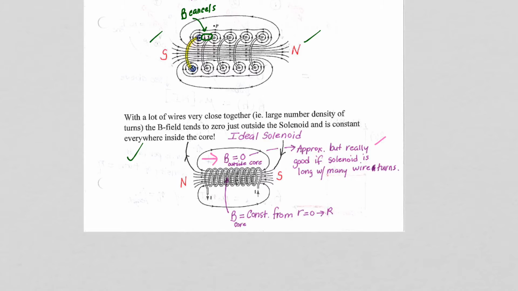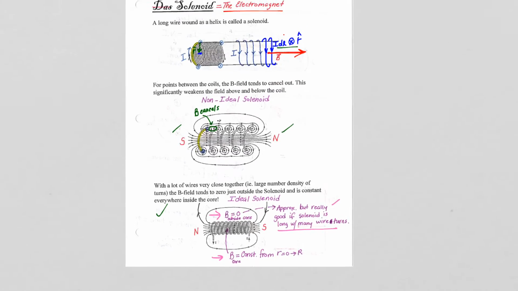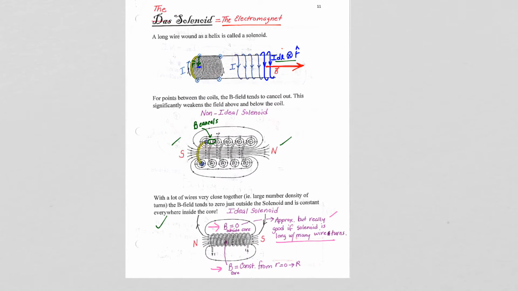While this is an approximation, it is a really good approximation if you have long wires and you're near the center of the coil. And we will see on our next page of notes in a second here that B actually is constant inside the core. So let's go to our next page of notes to see why the B field is constant inside the core.